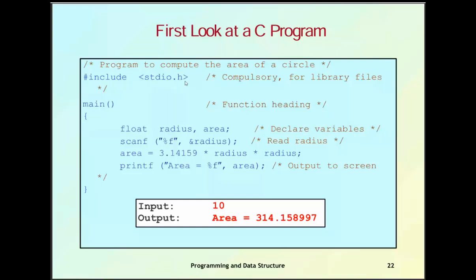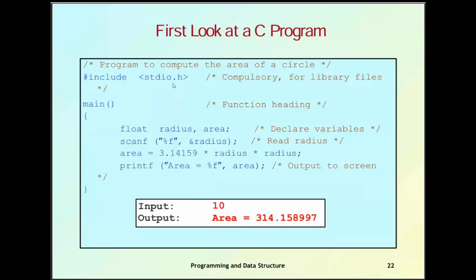It is nothing but a file where the code corresponding to the inbuilt functions is kept. The scanf and printf are inbuilt functions. So the functionality of scanf and printf is well defined in this header file, the standard input output .h. That's why it is compulsory to include this header file. Is this part clear to everyone?